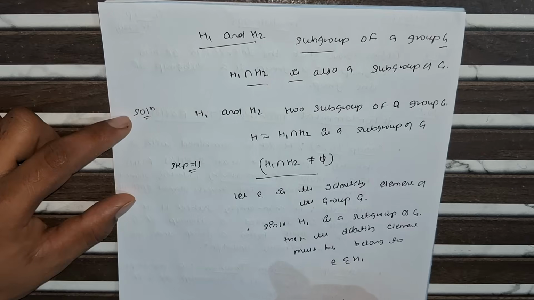It means here we consider e as the identity element of a group G. Since H1 is a subgroup of G, then the identity element, which is e, belongs to H1.